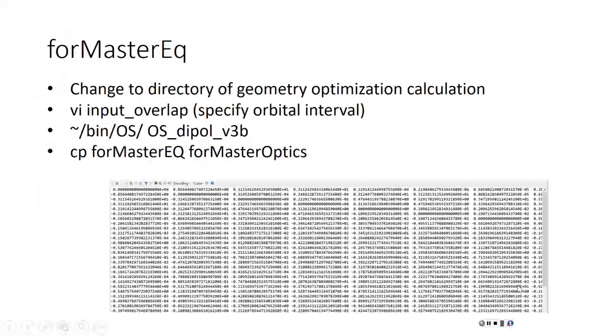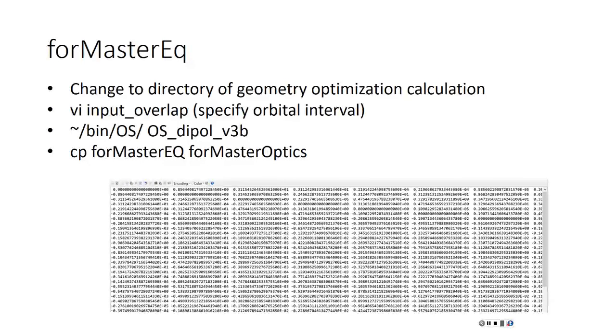Like if I want to calculate this spectrum, then I can see there is a Formaster equation file also.